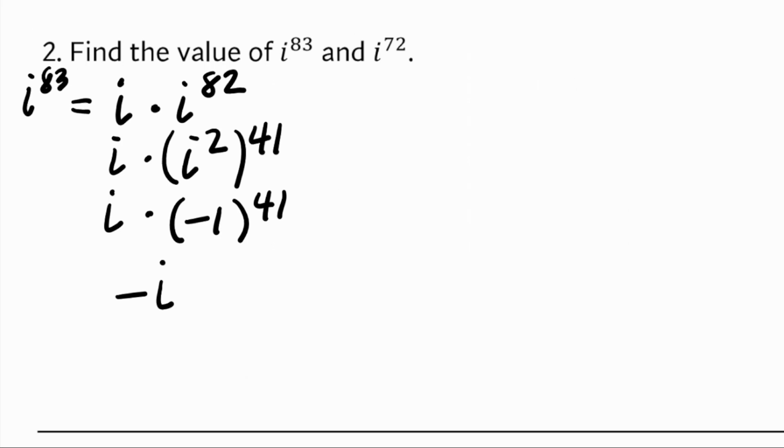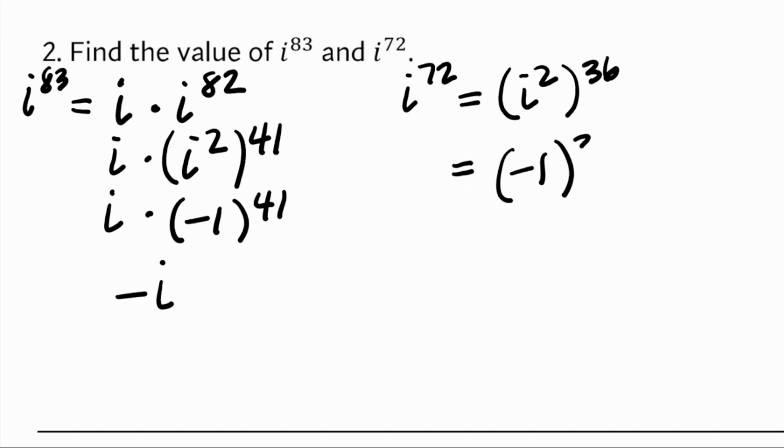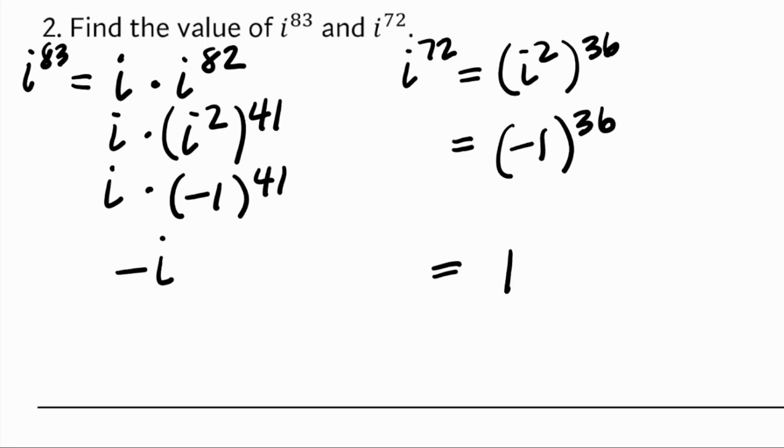Then i to the 72, to divide that in half, half of 72 is 36. And that's -1 to the 36th power, and an even power of -1 is going to be +1. So that's how we're taking those high powers of i.